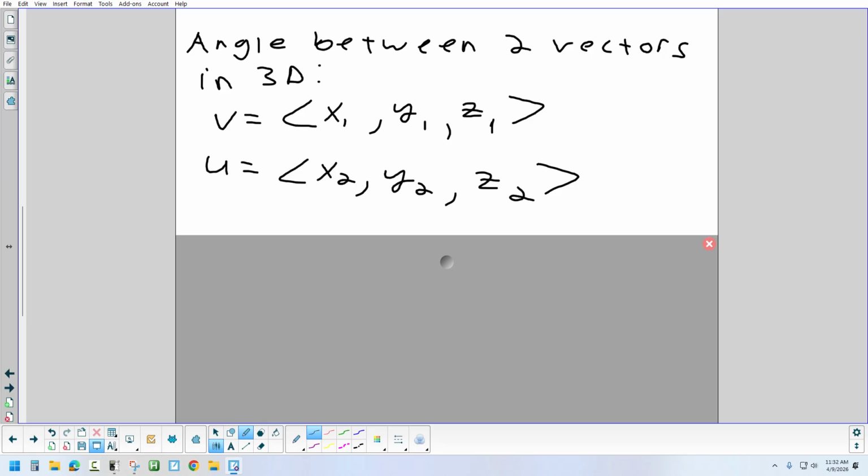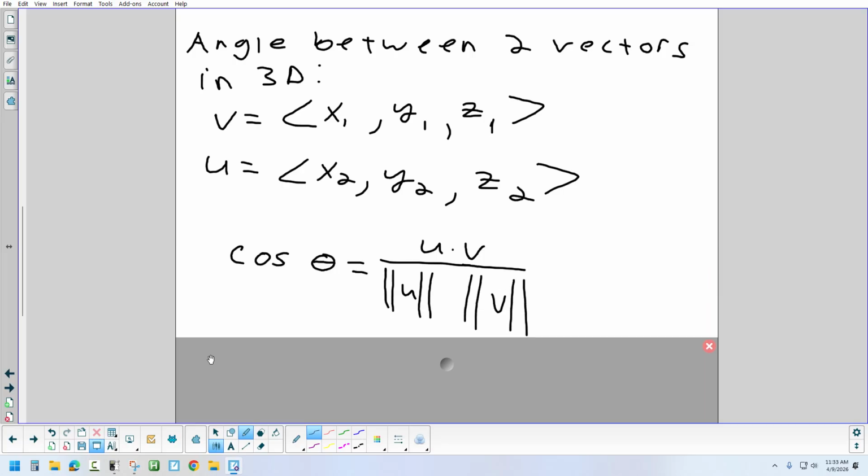And what was the formula in 2D to find the angle? Cosine of theta equals the dot product over the product of the magnitudes.